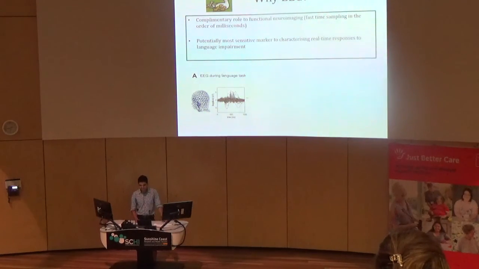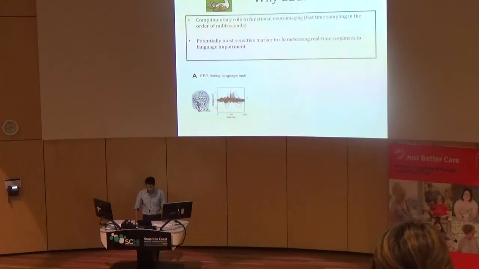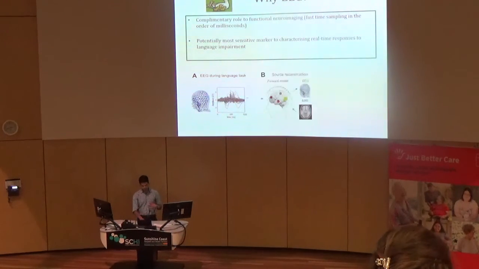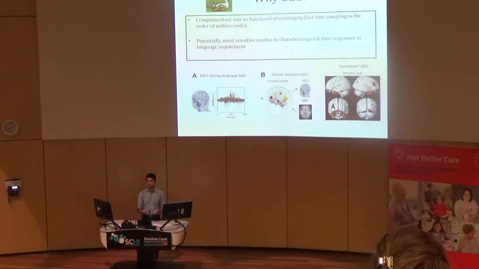Spoiler alert, it turns out pretty good for this duckling. In the last couple of years there have been a lot of advances in computational methodologies, and we can convert this scalp-based electrical activity to a more functional form using a method called source reconstruction. It's a mathematical technique, but utilises a lot of neuroimaging as well.